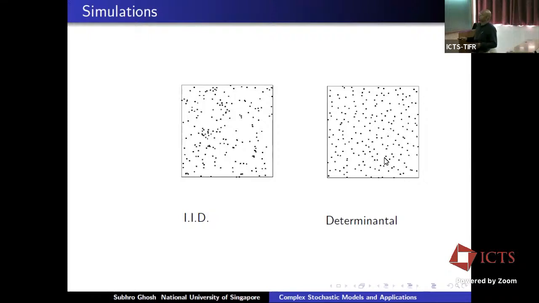Whereas for determinantal, because of the much more spatially homogeneous spread, the quadrature using determinantal points will be much better, and one can prove some quantitative theorems to quantify and clarify this.